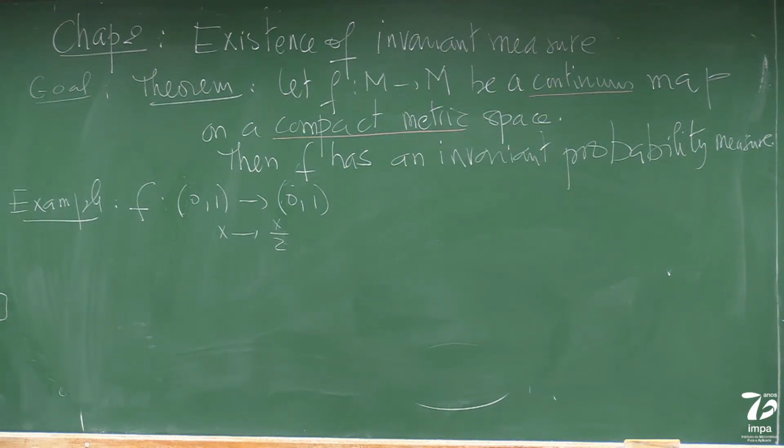But what measure are you using when you say that's a problem? You suppose that there is an invariant measure here, and then you take the interval that goes from zero, the whole interval.